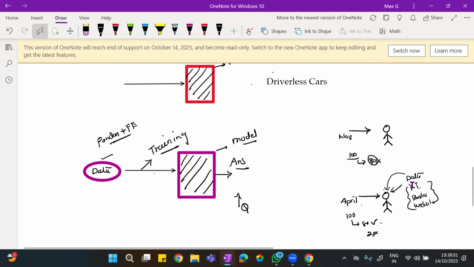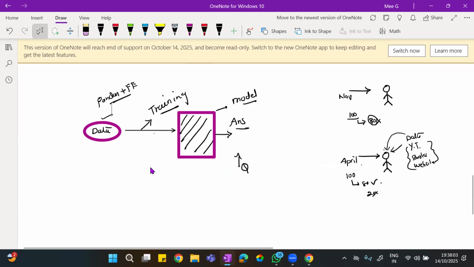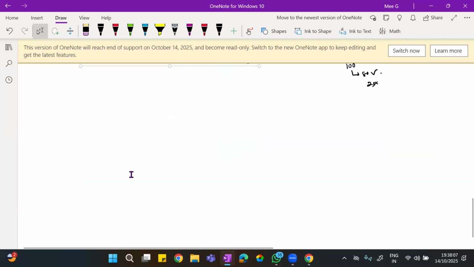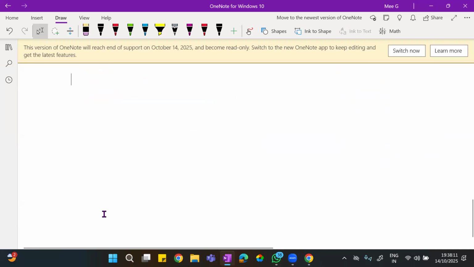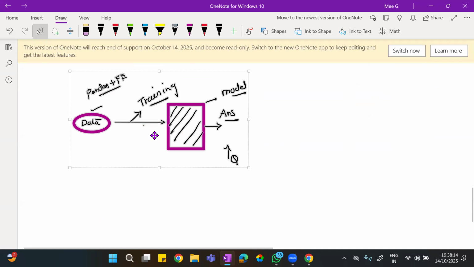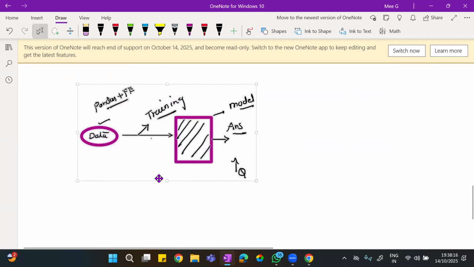And now let's take the same thing. The first question you may get in your mind is, what is this model all about? Why is this model so special and how will it become intelligent?